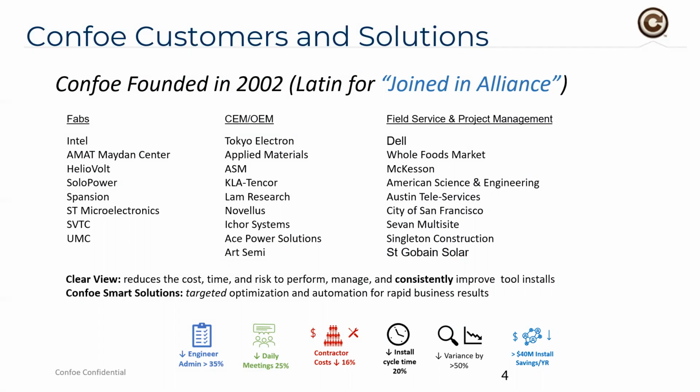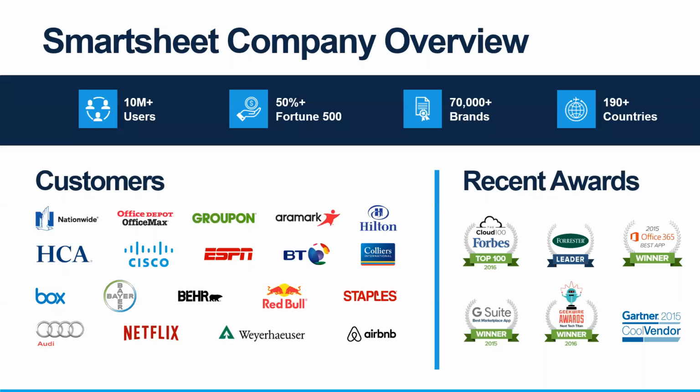But more relevant to today's webinar are our smart solutions, and that's where we do targeted optimization and automation to get rapid results. We do that on top of the Smartsheet platform. And so that's why we're intimately familiar with Smartsheet, and I'm really personally excited about it.